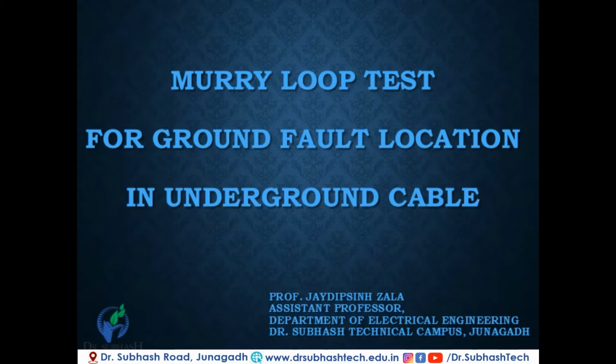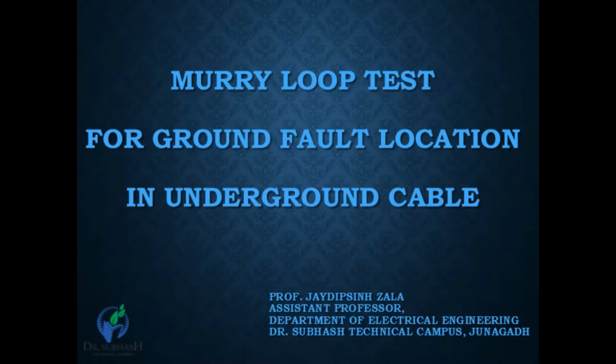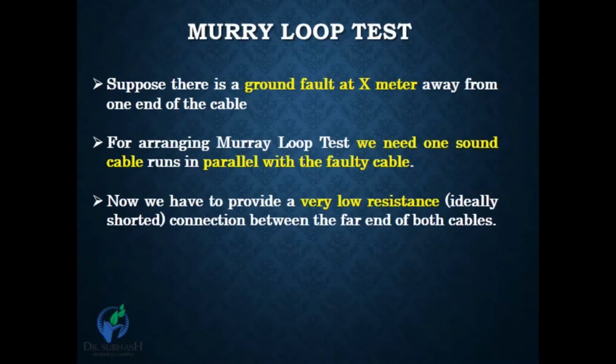Here we show how to test and how to find the fault location. Now assume we have an underground cable system and a fault occurs at X meters away from one end of the system. How do we find the fault location? What do we require to conduct this test?